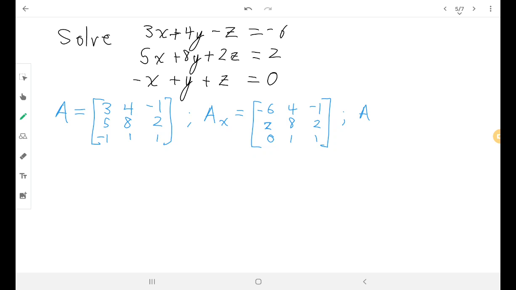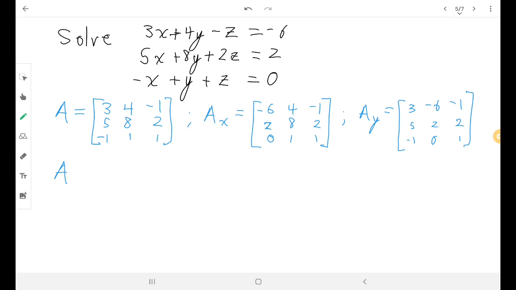Matrix A sub y, replace the y column and copy the other columns. So 3, 5, negative 1, negative 6, 2, 0, and negative 1, 2, 1.